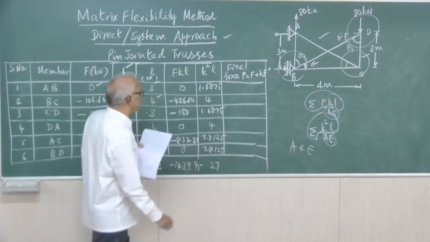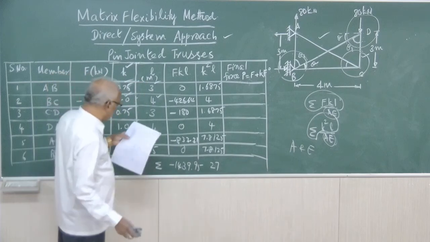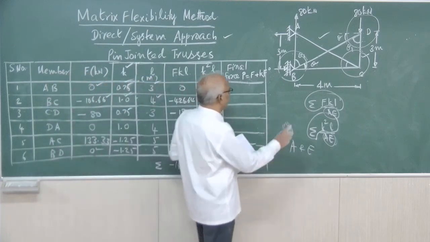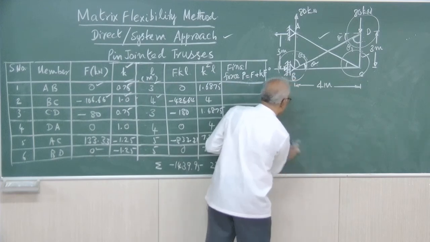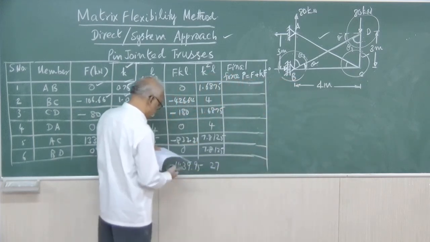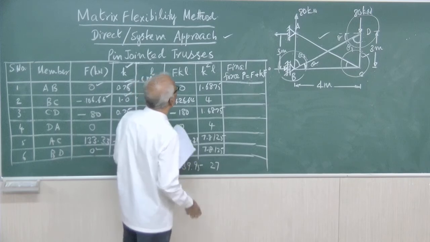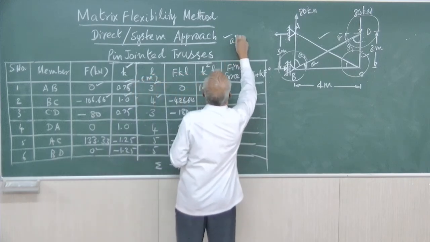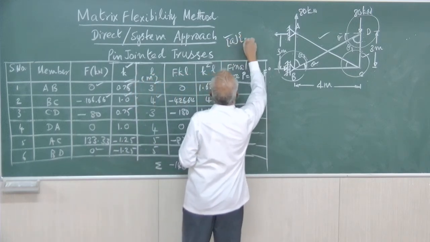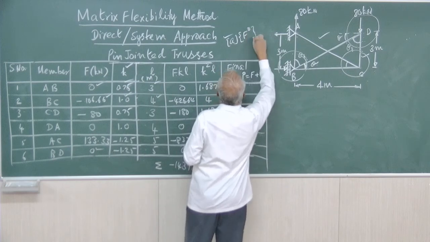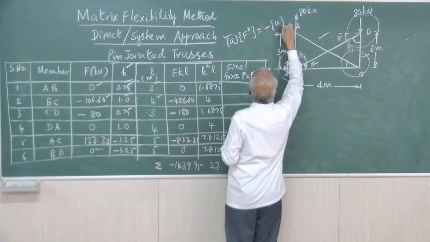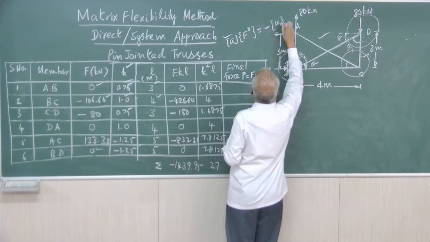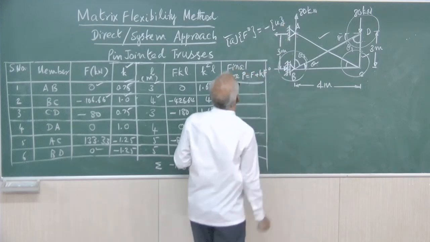F naught is the one that we are going to get. Now, we know A into F naught equal to minus UIF. That is the value.